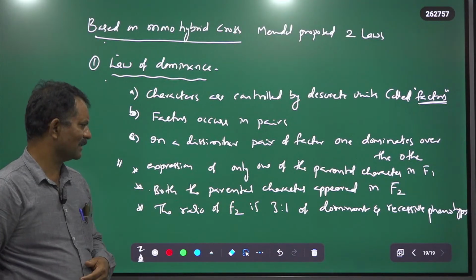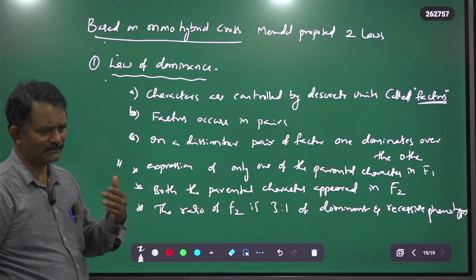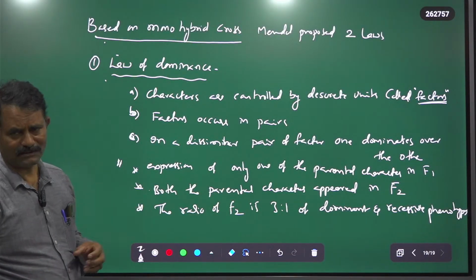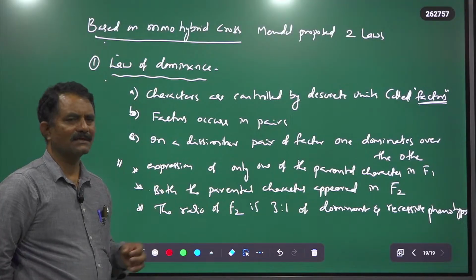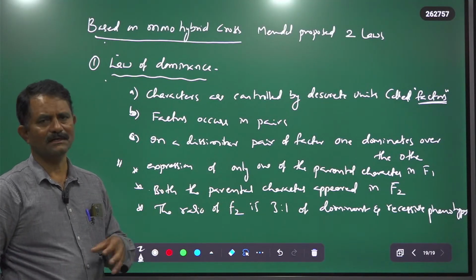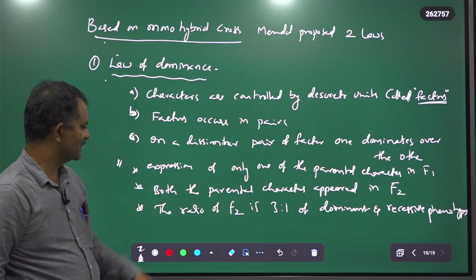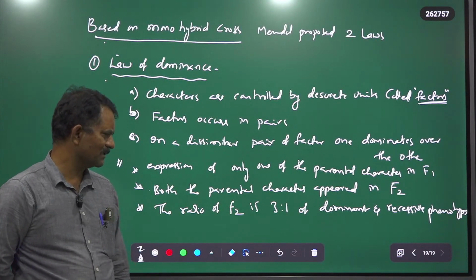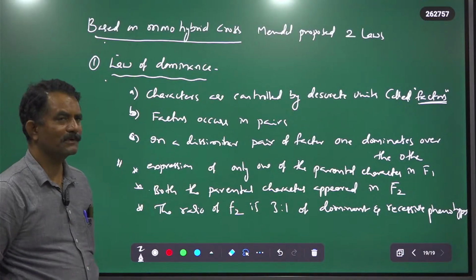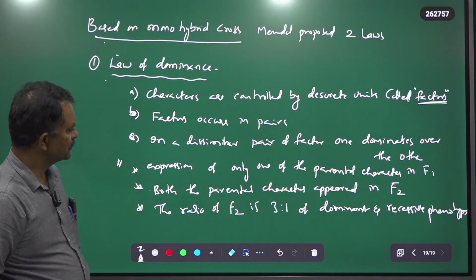As well, both the parental characters appeared in F2. As well, we have seen 3:1 ratio. 3 is the dominant parental character, 1 is the recessive parental character, both appeared in F2. F2 phenotypic ratio is 3:1.